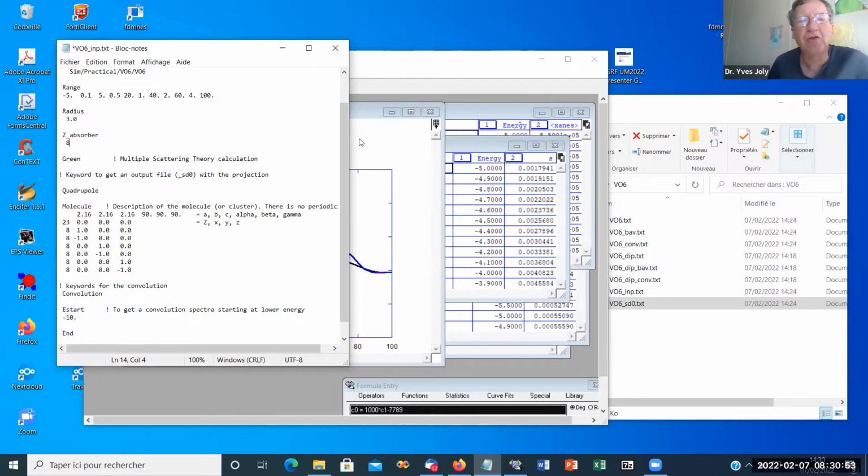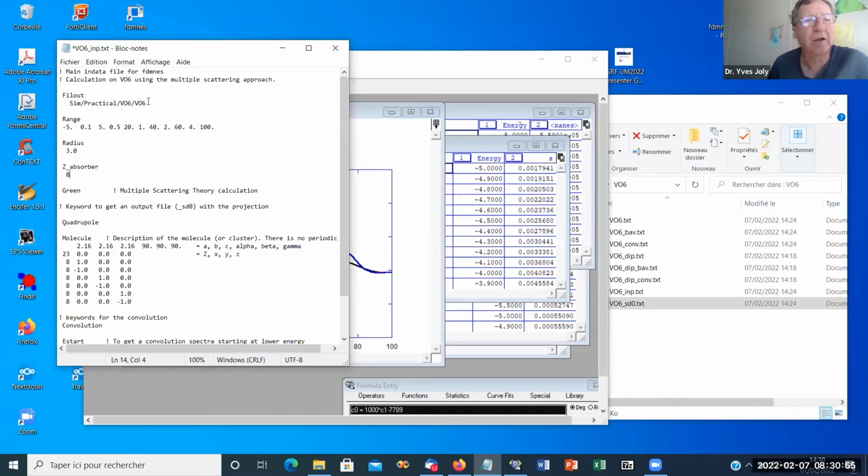Okay? But I propose you calculate this. So yes, you have to change the output file name. So VO6, it will be the oxygen edge. You can suppress the keyword quadrupole.